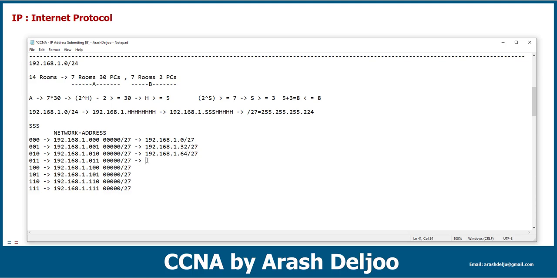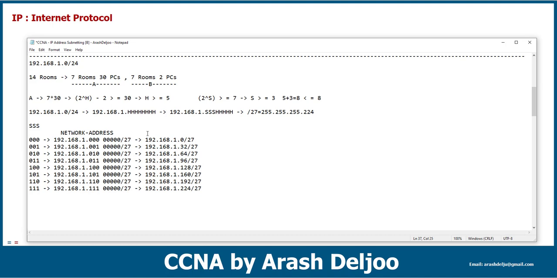And after that, the next networks are 192.168.1.96/27, then 192.168.1.128/27, 192.168.1.160/27, 192.168.1.192/27, and finally 192.168.1.224/27. These are the network addresses that we have.